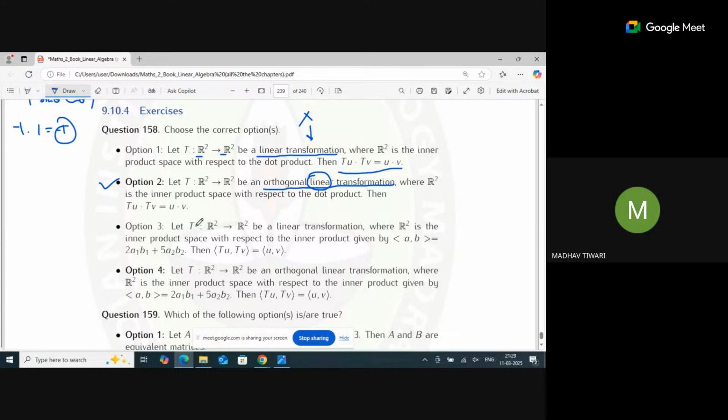Next is this one. It says T from R2 to R2 is a linear transformation where R2 is an inner product space, and you are given the inner product of two vectors like this. So it is not going to be linear, it is going to be orthogonal. If this condition holds, automatically you can pick orthogonal linear transformation, the same option here. Any problem in this?